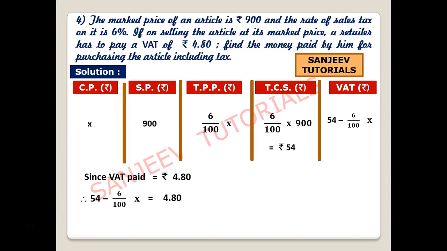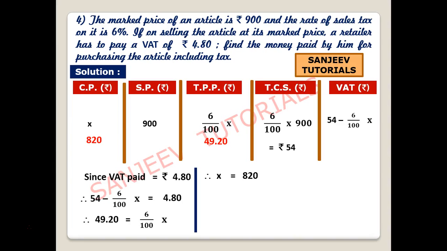So let us simplify this equation. X terms on one side, numbers on the other side. I get this step. On further simplification, I get x equal to rupees 820, which means my first column cost price is rupees 820. And my third column, tax paid on purchase, is 6% of 820, that gives me rupees 49.20.